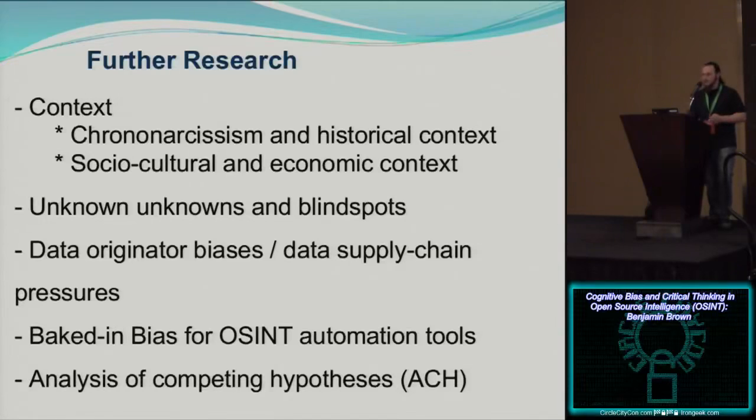And really, I would be interested in seeing in-depth analysis of these tools and their baked-in biases. These tools were made by people that have biases. And the tools are going to operate in a particular way and not operate in other particular ways that could bias the data.